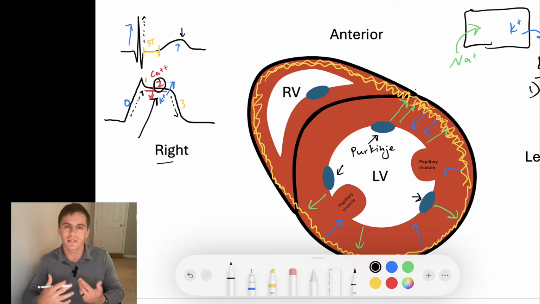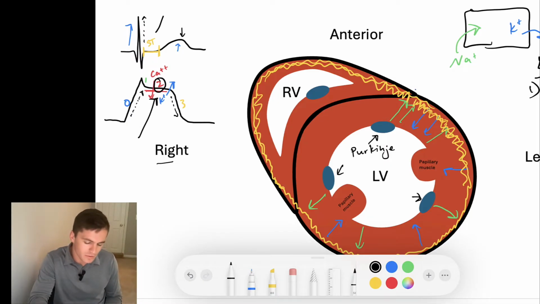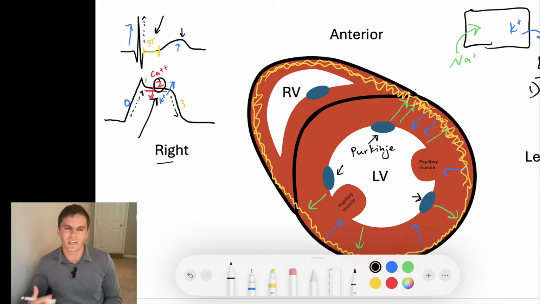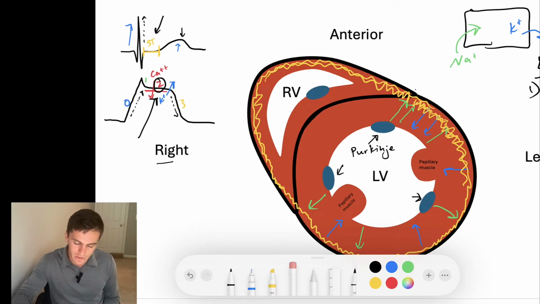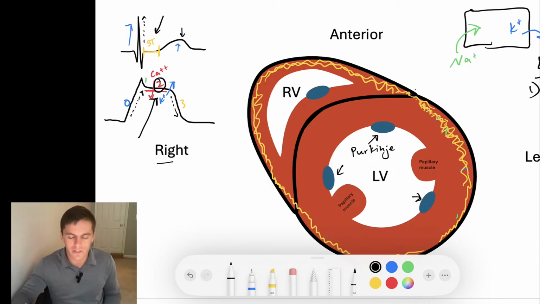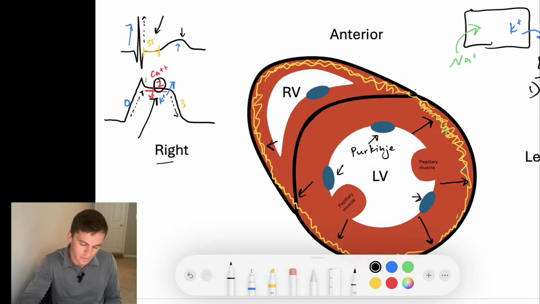So what segment are we going to see on the ECG that is most affected? It is our ST segment, right? When these cells get inflamed or injured, phase 2 does not become isoelectric. During what we would normally see as phase 2, you get a voltage gradient, or an electrical gradient, in the direction of those injured epicardial cells, right?